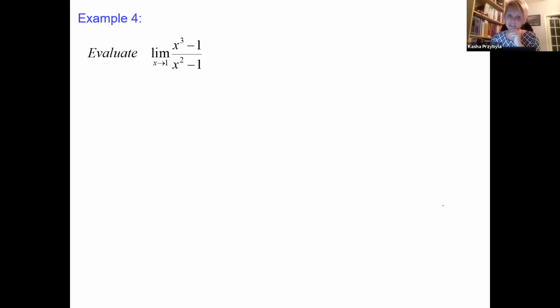Limit at 1 of x cubed minus 1 over x squared minus 1. Substituting 1, we're definitely getting 0 over 0. But what we will need is a cubed minus b cubed. This was on the slide with the formulas.